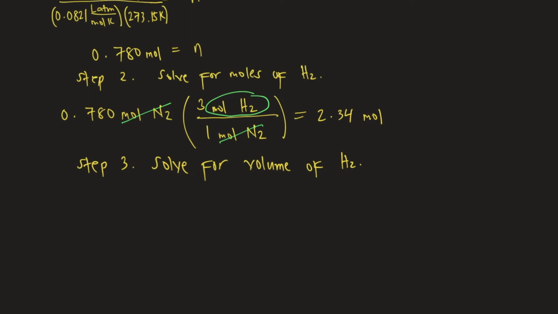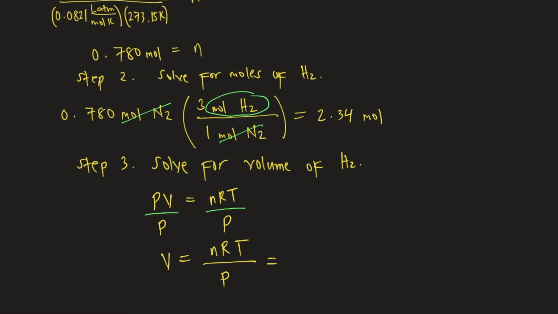We will also use the ideal gas equation. PV is equal to nRT. If you want to solve for volume, that's V, you need to divide both sides by P. So volume is equal to nRT over P.